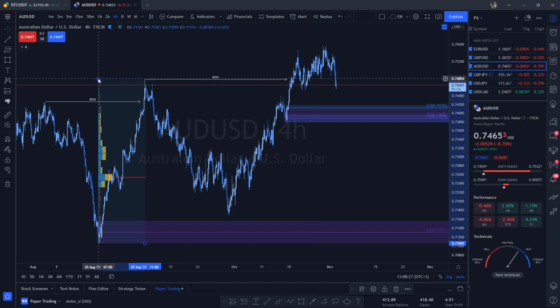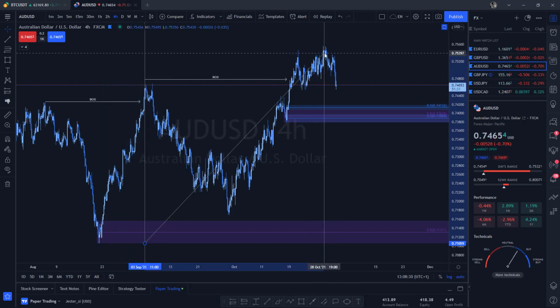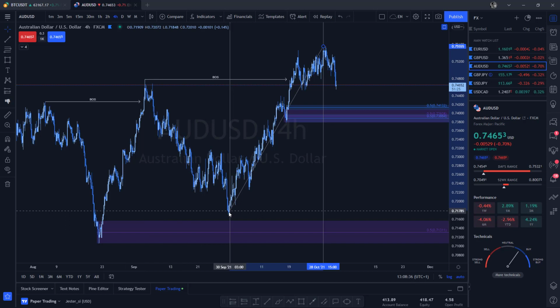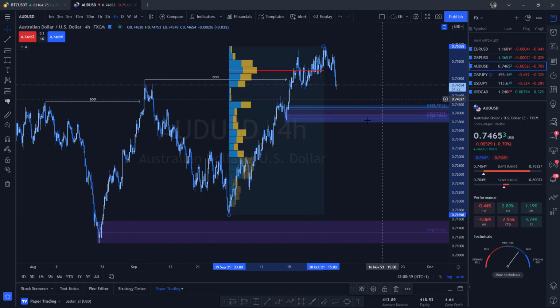If you move it to the last swing up, this is the high, this is the low, and you can see the second most volume is down below here. This volume here was invalidated, so I'm expecting the price to tap into this zone here and see what reaction there will be.